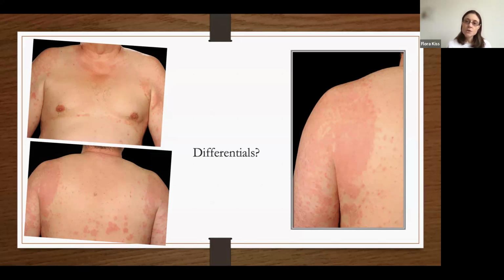So it is worthwhile to talk to your patients about whether the rash is better or worse in the summer months, and how they react to sunlight.